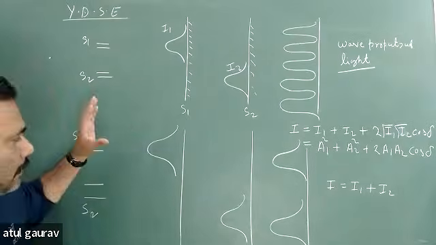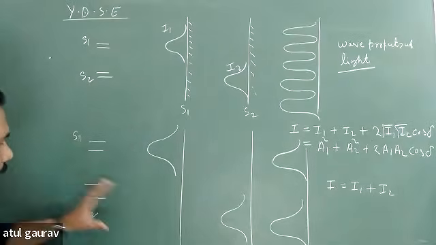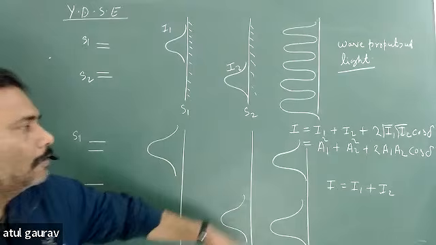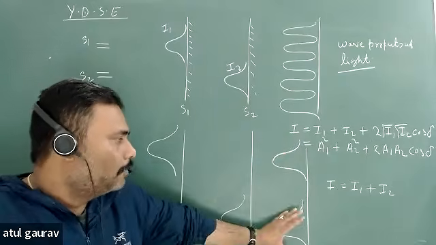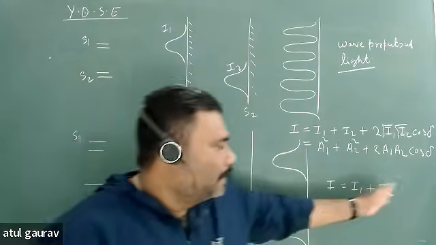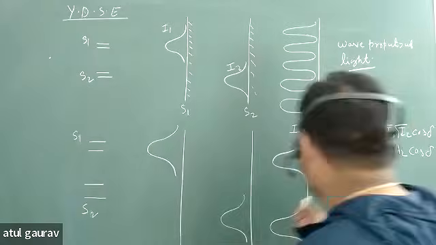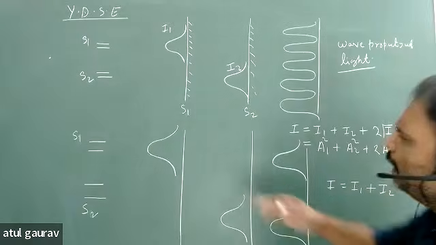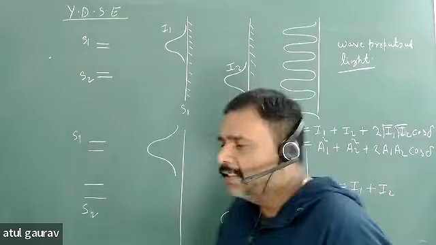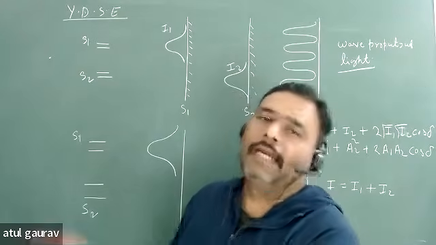So number of marble ball. Suppose from S1 there is 500 marble ball and from S2 there is 500 marble ball. So 500 marble ball will go there and 500 marble ball will go there. So intensity is going to be preserved. So I is equal to I1 plus I2. And this is happening because marble ball is well localized.